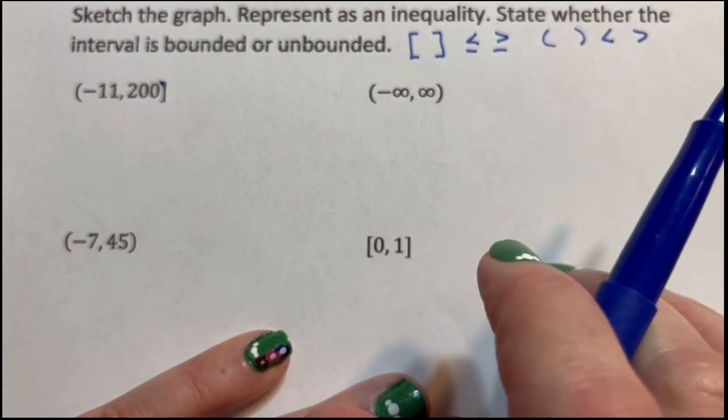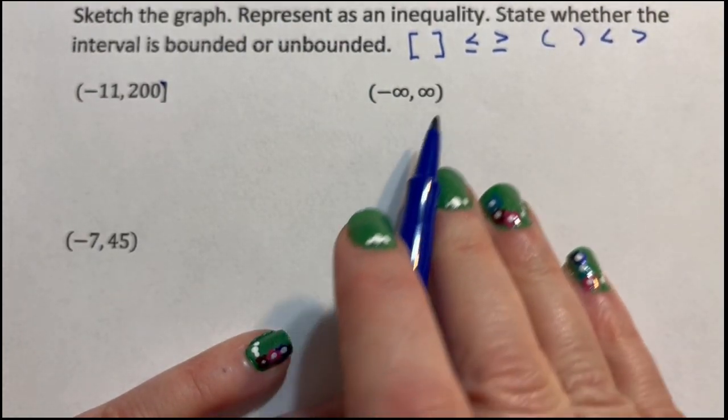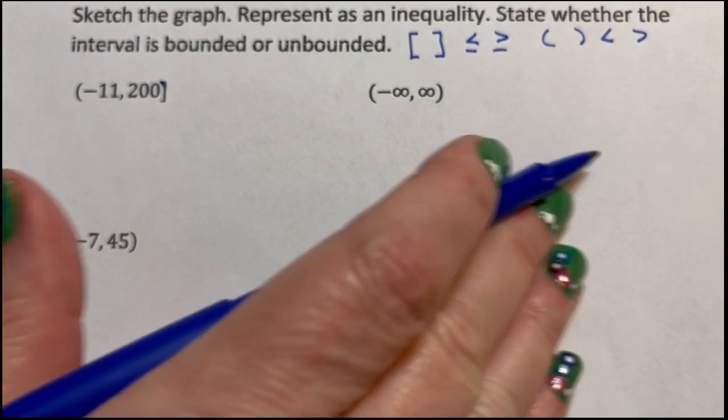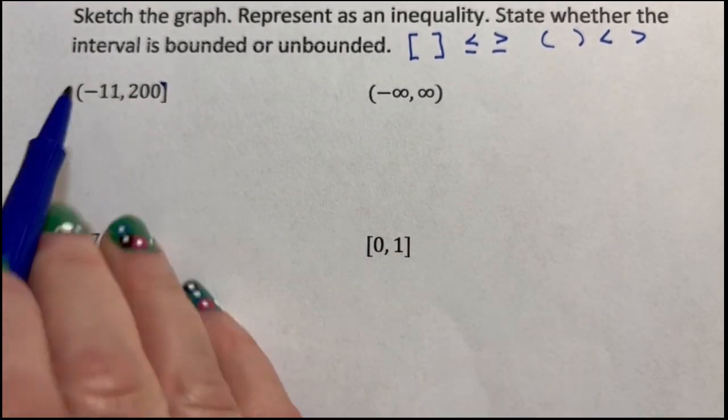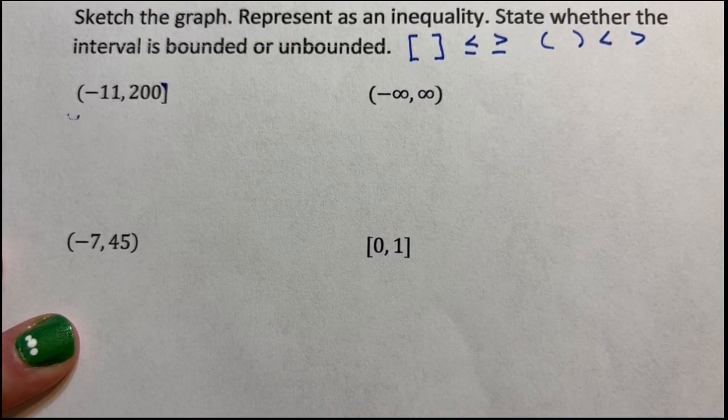It reaches for it and touches it because it can equal 200. The parenthesis looks like you're reaching, scooping for that number, but not actually equaling it. So it reaches for this negative 11, but it'll never actually reach it. Reaching for, but not equaling.